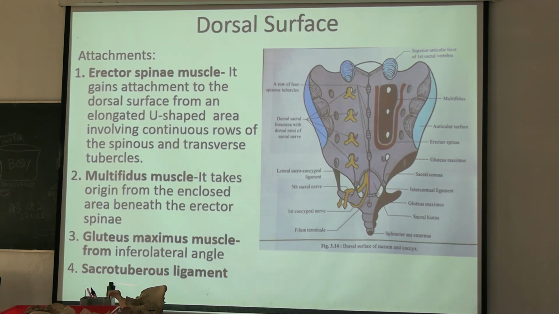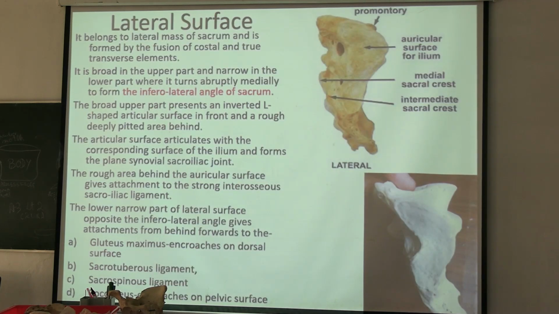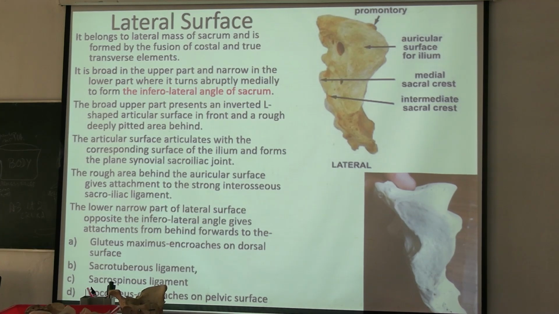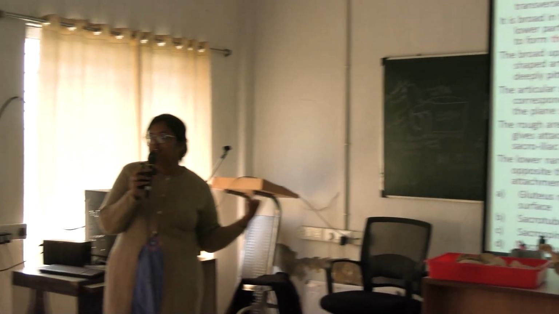And sacrotuberous ligament is also attached here at the inferolateral angle, connecting the sacrum with the ischial tuberosity. You have read sacrotuberous and sacrospinous ligaments are converting the greater and lesser sciatic notches into foramens.